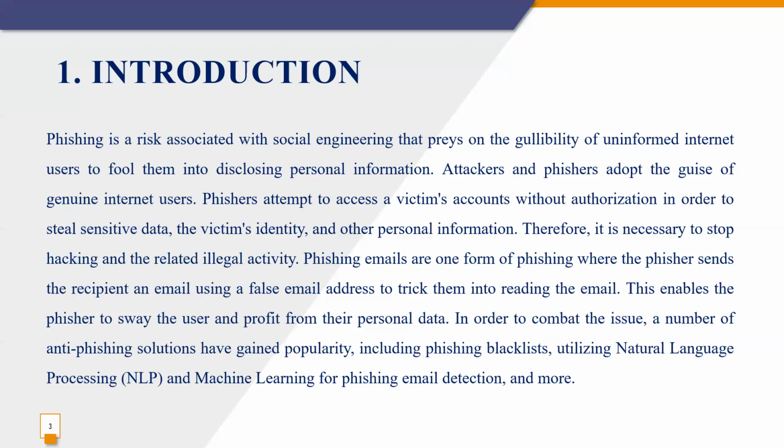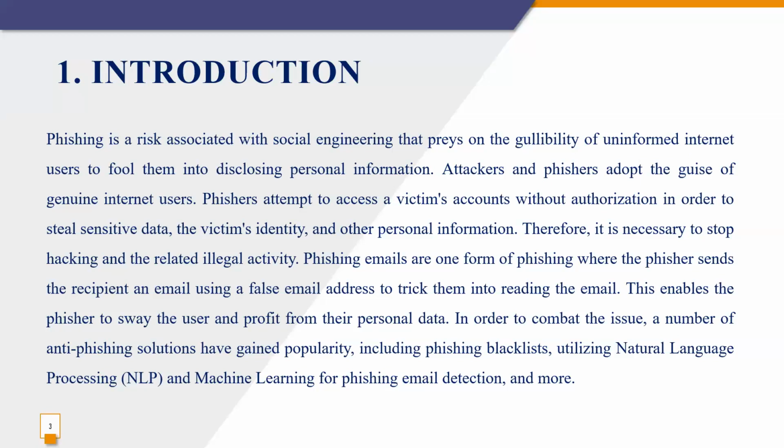Therefore, it is necessary to stop hacking and the related illegal activity. Phishing emails are one form of phishing where the phisher sends the recipient an email using a false email address to trick them into reading the email. This enables the phisher to sway the user and profit from their personal data.